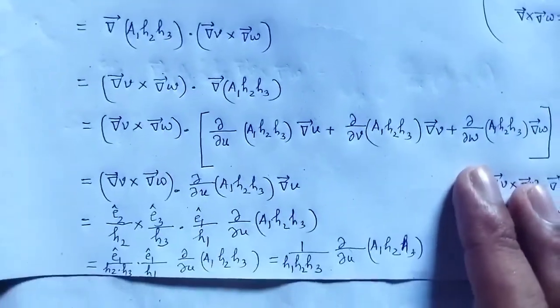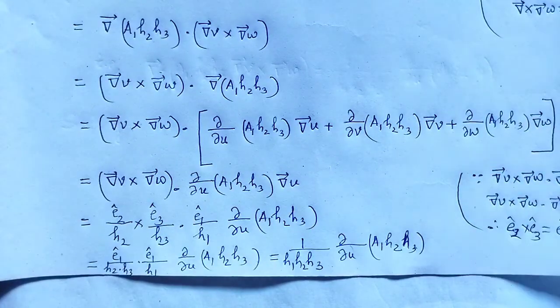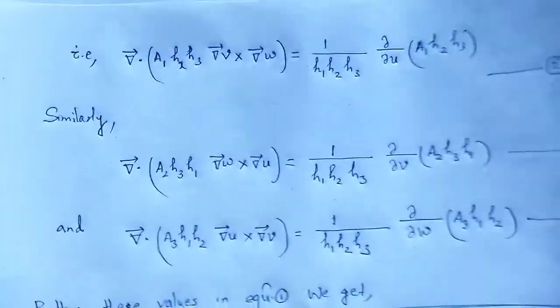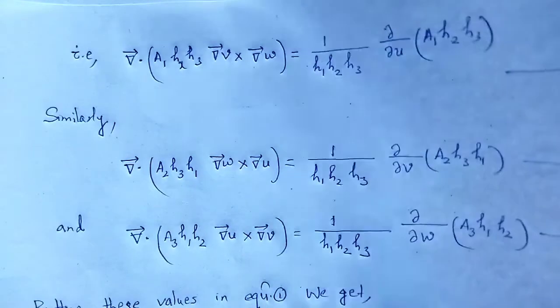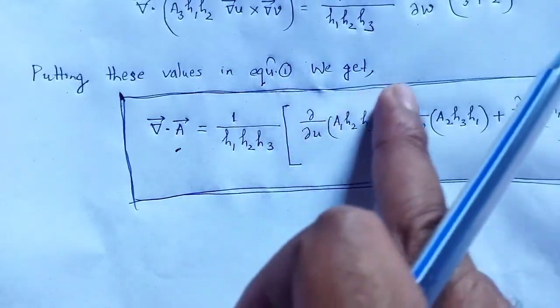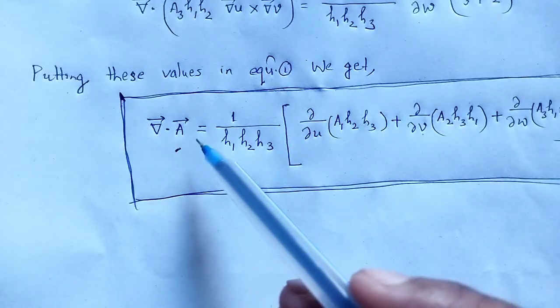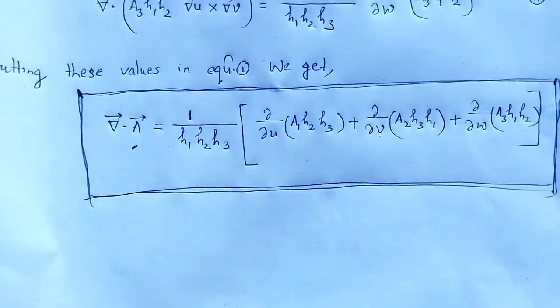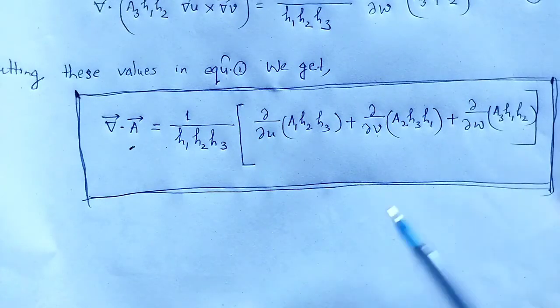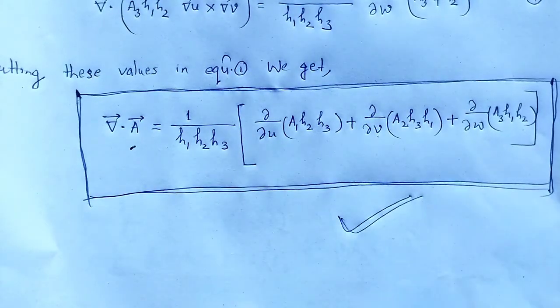Finally we get the result of the first term, this much, and similarly the other two, and put these in equation 1, that is grad dot A, the divergence in terms of orthogonal curvilinear coordinates. The result will be this much, which is the required expression for divergence in terms of orthogonal curvilinear coordinates. So with these valuable notes, let me wind up this session. Thank you.